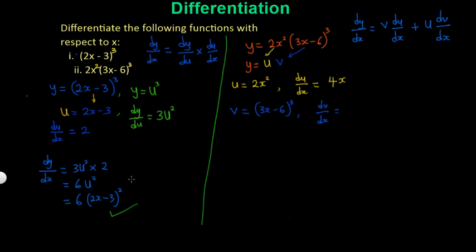Look at the function, look at the outcome. You can basically say the power here multiplied by the coefficient of x, which is 6, we have it here, then we take 1 from the power. Since these x do not have any power, it's easy for us, I will use the same way. 3 multiplied by 3, that's 9, then open bracket, 3x minus 6 raised to the power of 2.